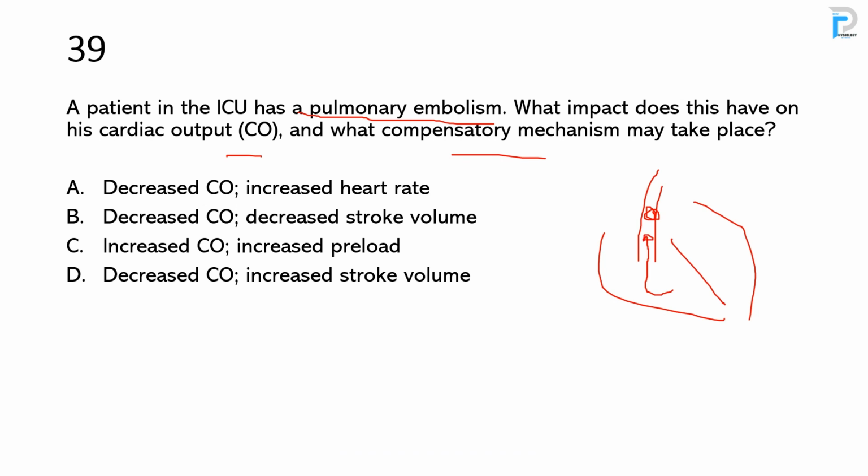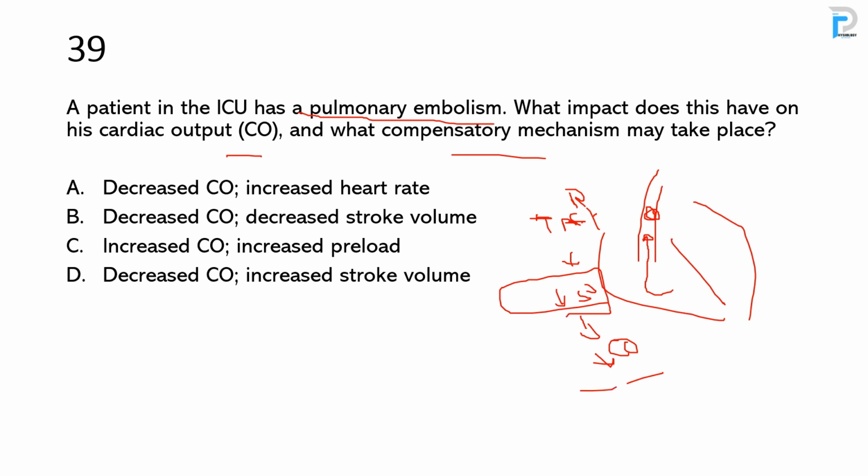That resistance is afterload. So pulmonary embolism represents an increase in the afterload on the heart. An increase in afterload on the right ventricle will cause a decrease in stroke volume, and that is going to cause a decrease in cardiac output.